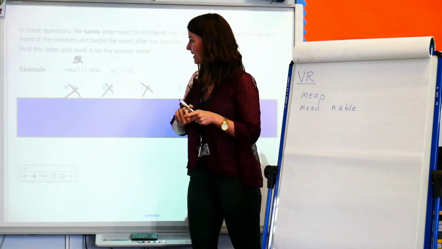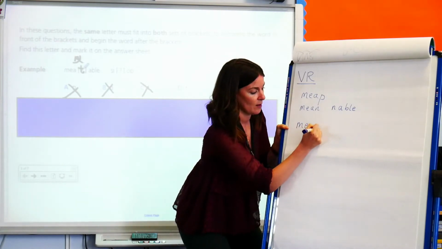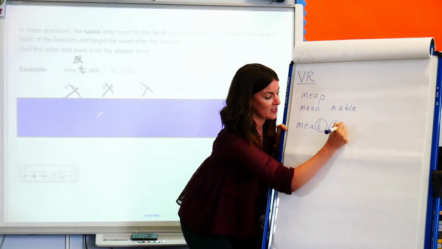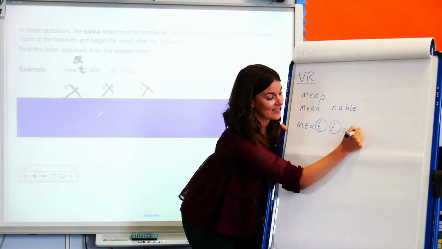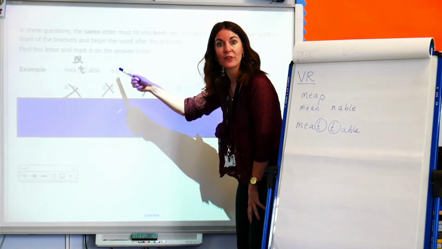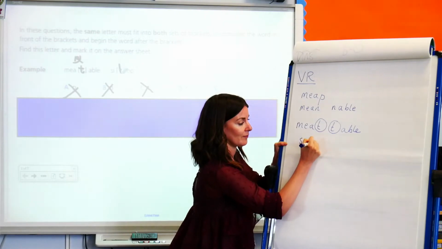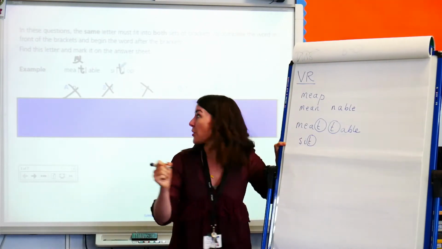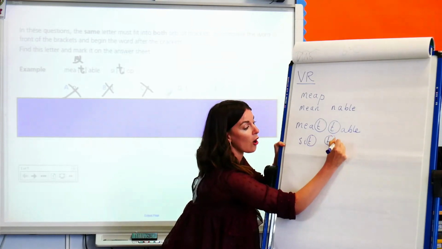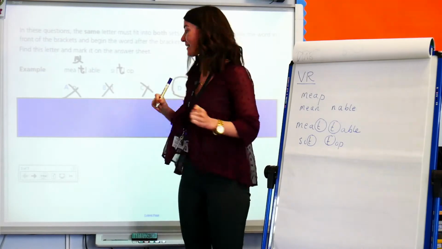If I put the T in here, I've got meet, and then I start the T again, and I've got table, and then I've got to use the same letter for these brackets here. So now I've got sit, that also works, and then the last one I've got top. That also works. So the answer for that one is going to be T.